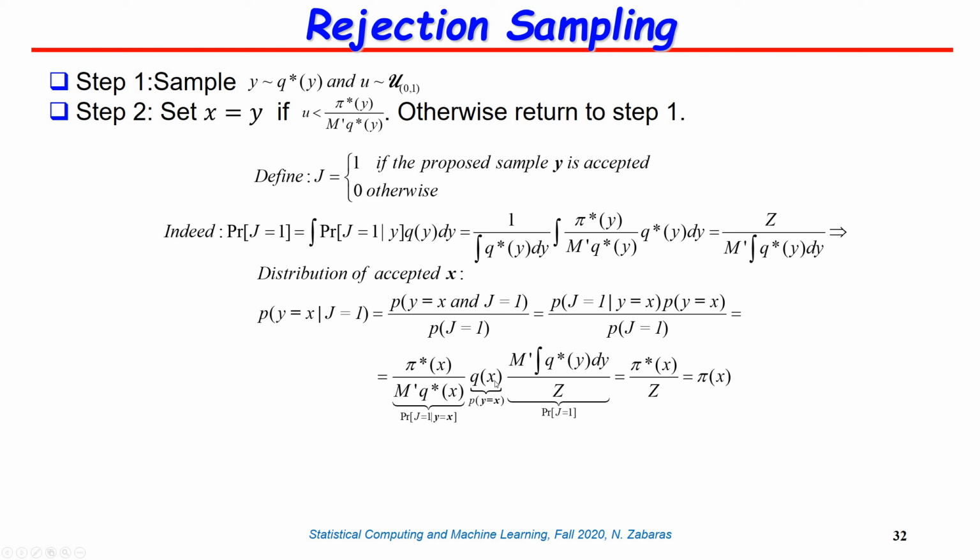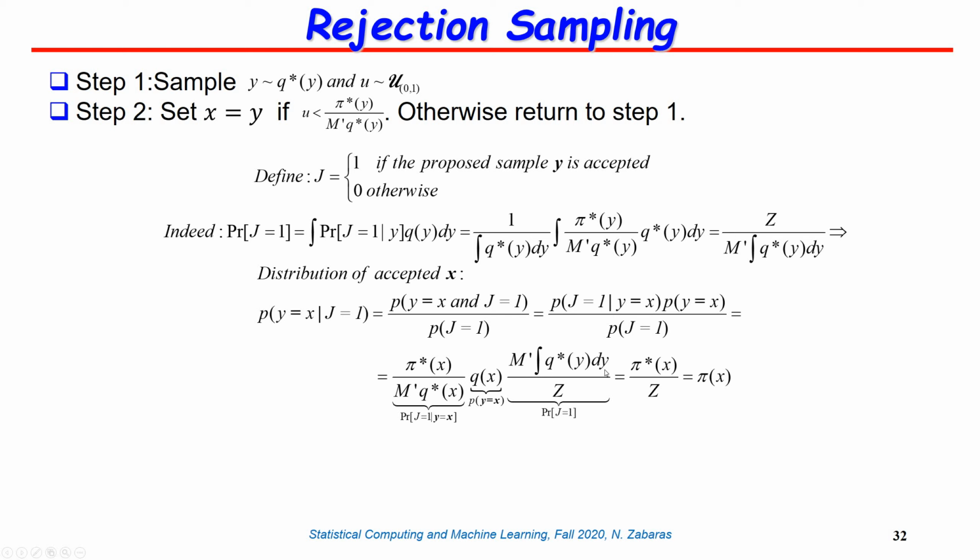And then in the denominator I have the probability of acceptance, and that is the normalization factor of pi divided by, and this goes in the numerator, m prime times the normalization factor of q star.